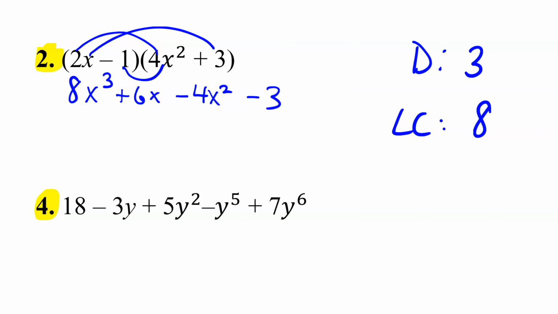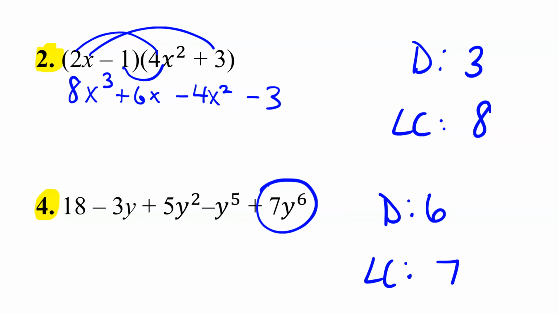Let's go to number 4, Ashton. The degree and the leading coefficient. The leading coefficient is 7, and the degree is 6. It's not in standard form.